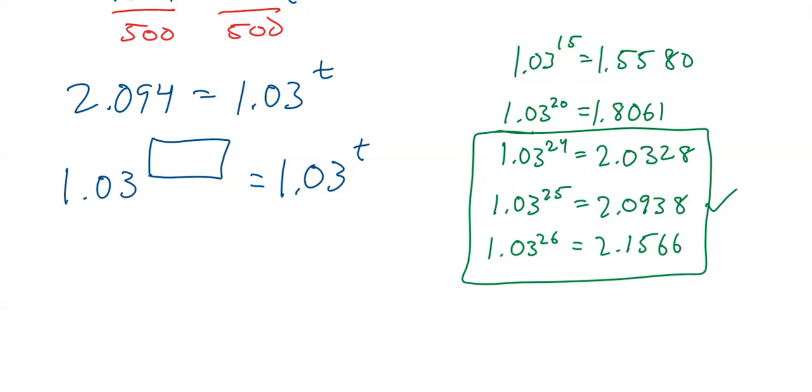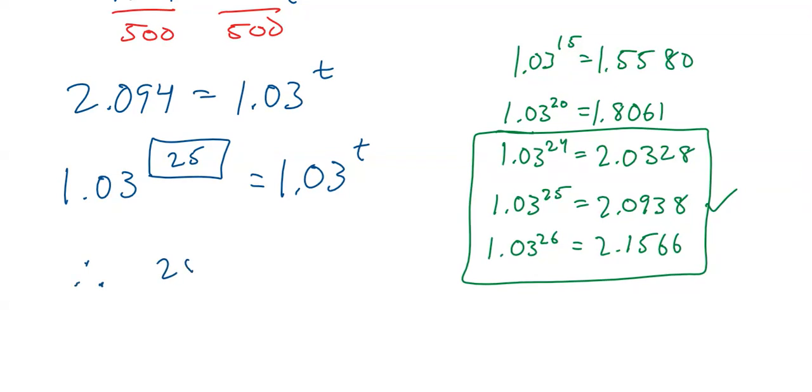The reason why is because I want to see that this one's too small and this one's too big, so that's the one we're going with. And we could get even closer if we started doing decimals, 24.9, 25.1, but we're not doing that. You don't have to do that. So I want to see 3, and then we're picking 25. It's very close. In fact, if you round, it gives you 2.094.